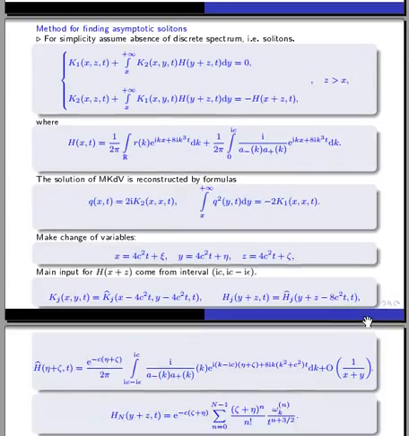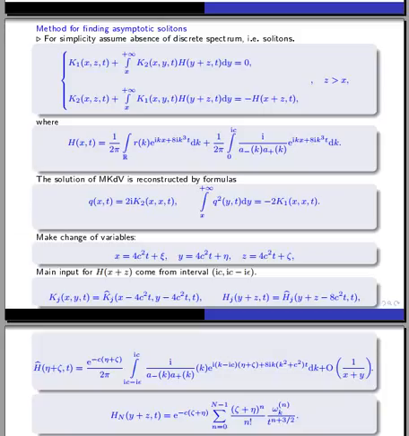Actually, Kotlyarov and Hruslov in their paper considered a much more general situation when the initial profile tends to a finite gap potential. So our case of constant background is a simple particular case of their work.